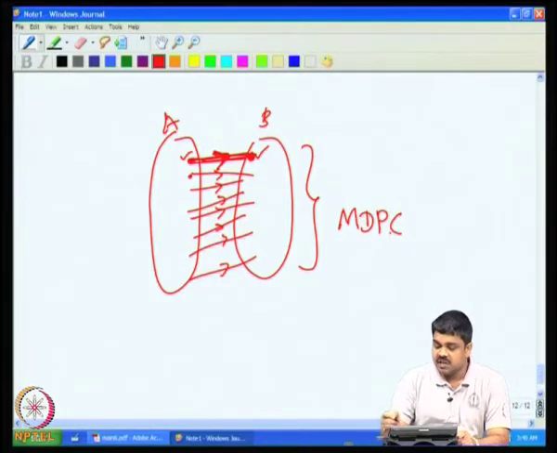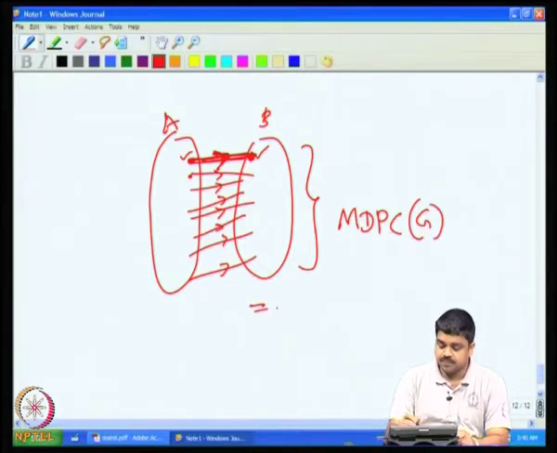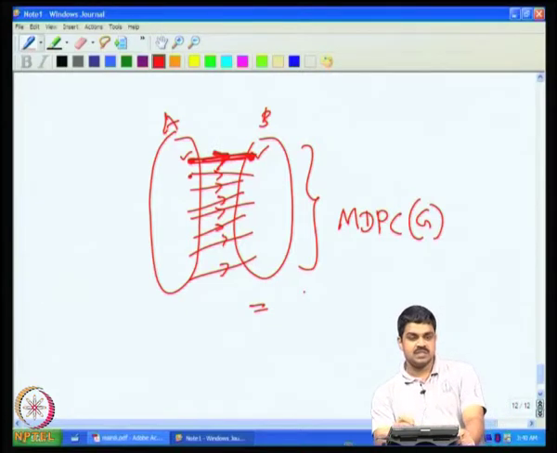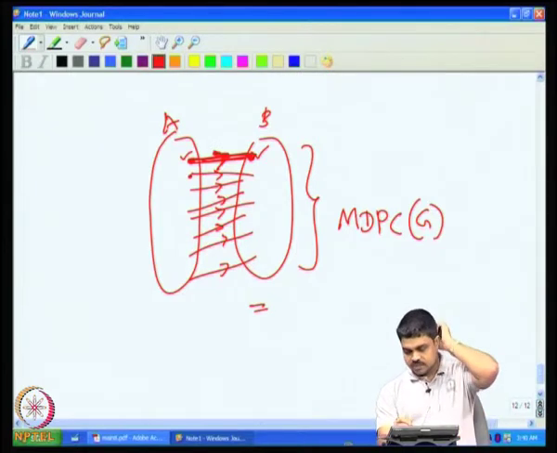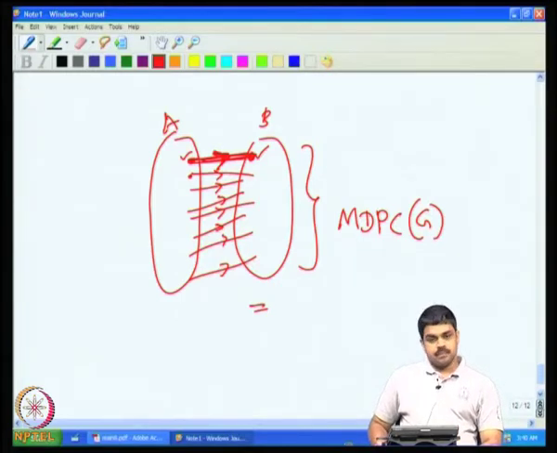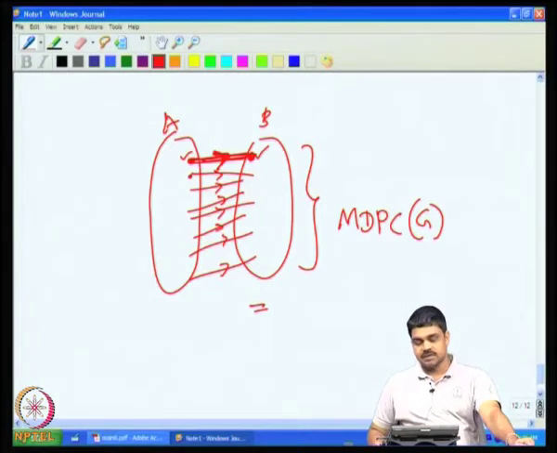We will immediately be able to say that it will be equal to the number of paths of length 2, meaning the number of vertices in the directed path is 2, plus, for the remaining vertices, you have to just take singleton paths.